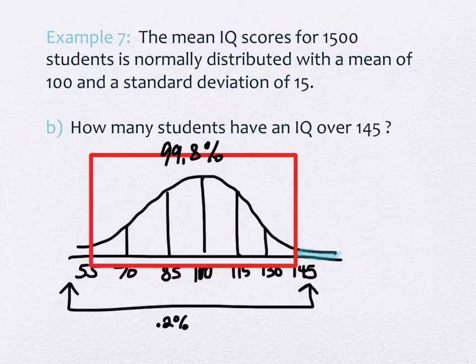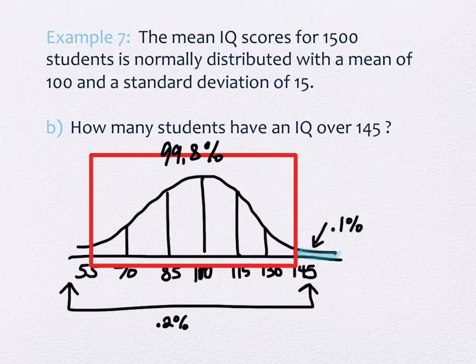Not 2%, 0.2%. So in just the top corner, not the 2 corners, I would have half of that at 0.1%. Again, not 1%, 0.1%.